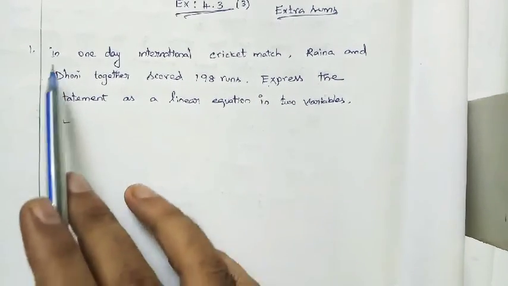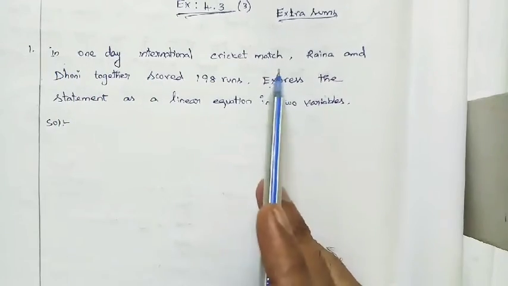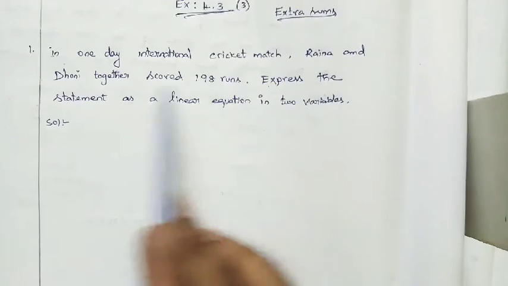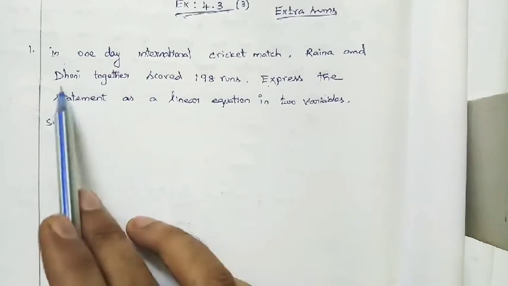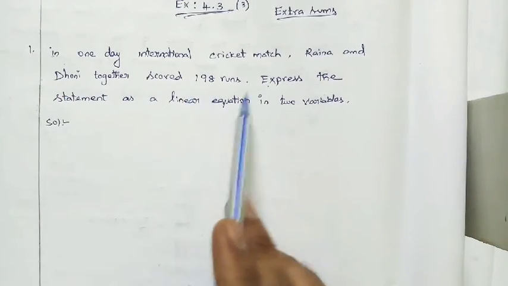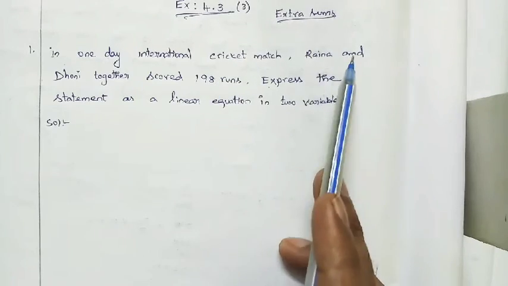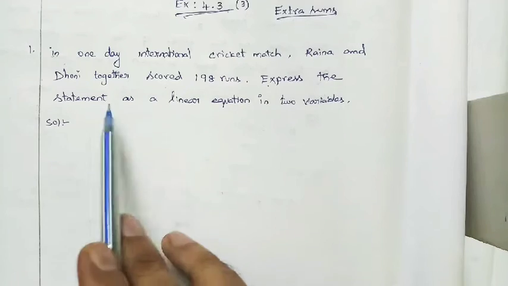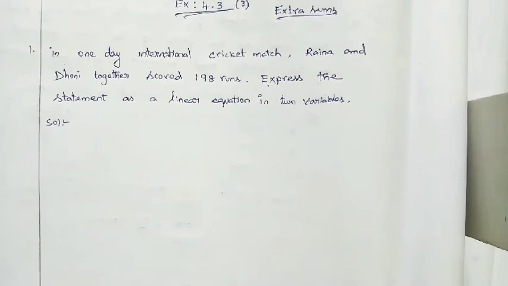First we'll read. In a one day international cricket match, Raina and Dhoni together scored 198 runs. Express the statement as a linear equation in two variables.